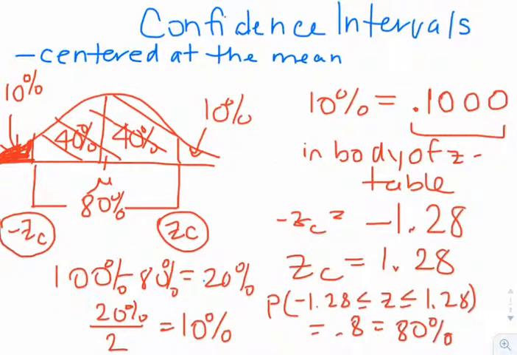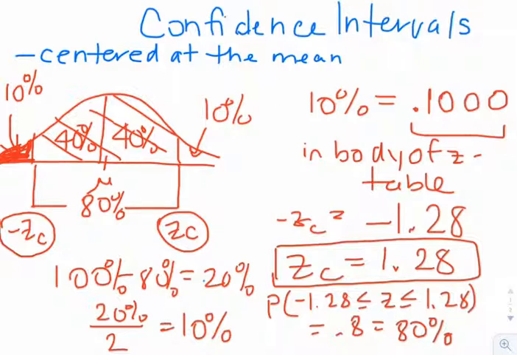We're going to be using this idea of confidence intervals in section 8.1. In section 8.1, you will not need to find these ZC values. We're going to be using the positive value, not the negative one, but of course they're just opposites. You will not need to find them, but I want you to see what they look like on the actual normal curve. These ZCs will be given to you.